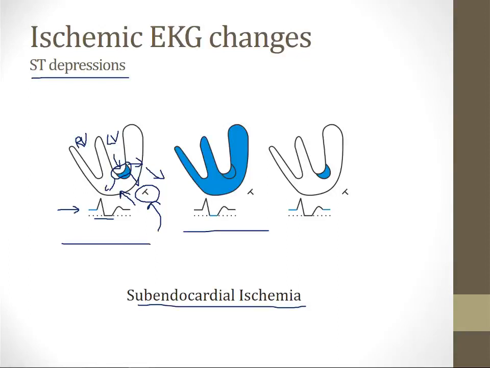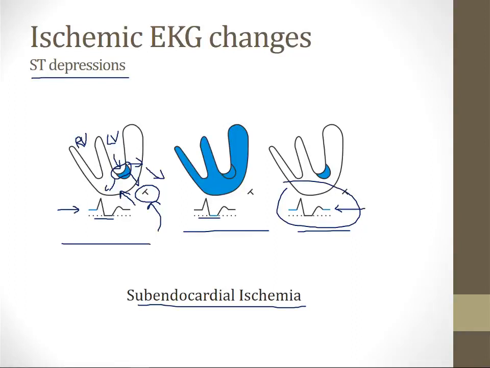This brings the baseline down to the dotted line where it should have started from. Then the heart repolarizes and goes back to the state it started in with the baseline back up in the air. What you see when you look at the EKG is what's shown here. You see ST depressions, but in reality, these are caused by baseline ST elevations. But nevertheless, the appearance they give on the surface ECG is ST segment depressions, and that's because of an area of subendocardial ischemia.